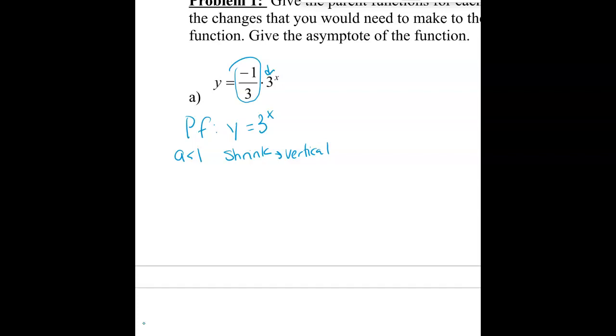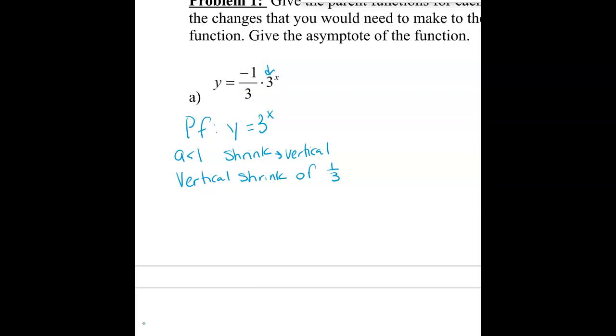So what is that shrink factor? Well, it's going to be a vertical shrink of 1/3.